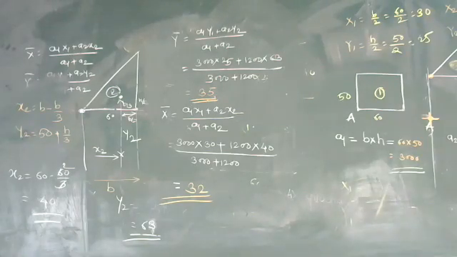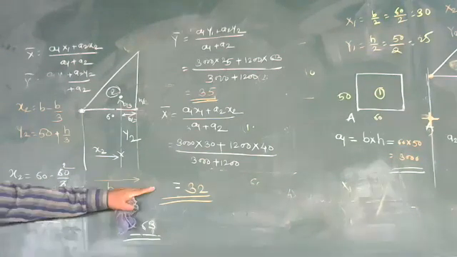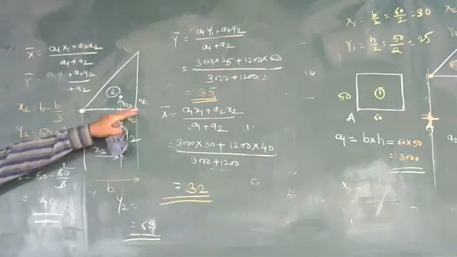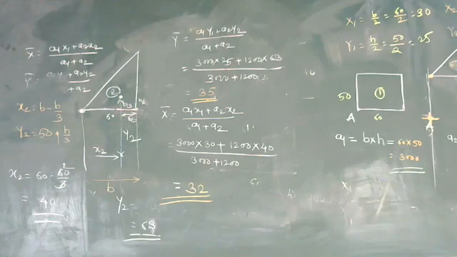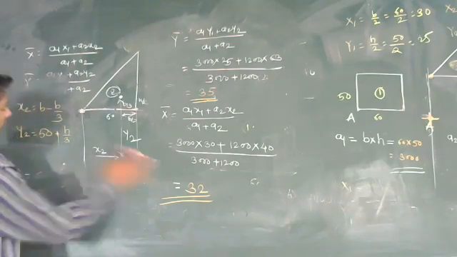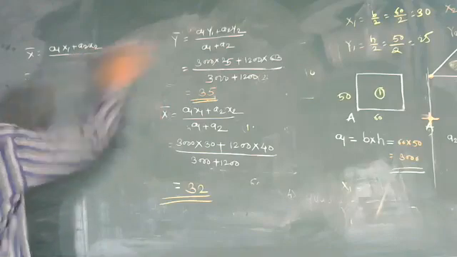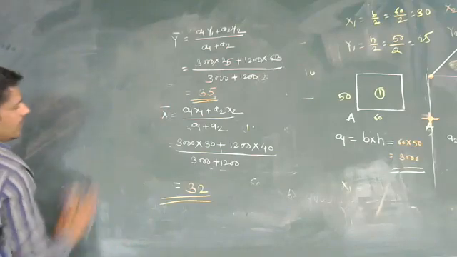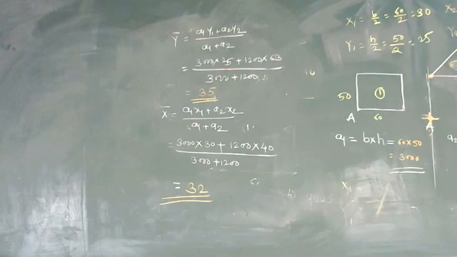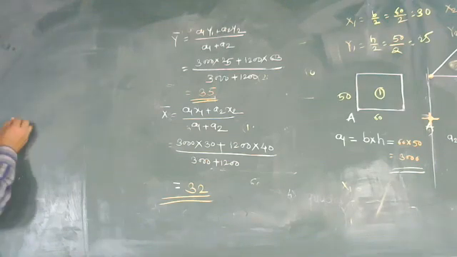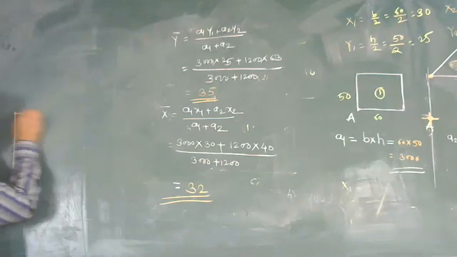Sir, 32.8. So please check that Y bar also. How is it 35? You can check it now. Is it 35 or is there any other value? Now what is the meaning? I will just tell from this example.